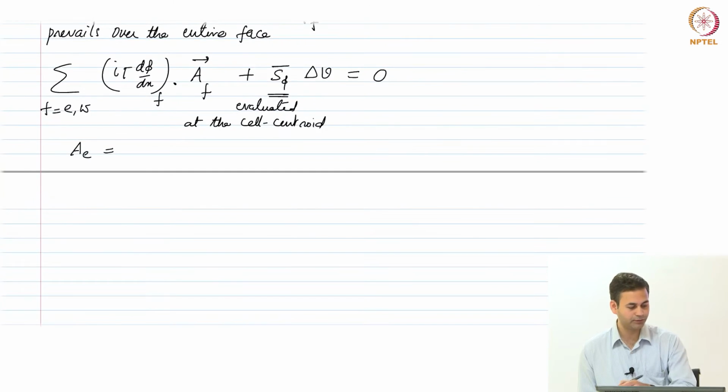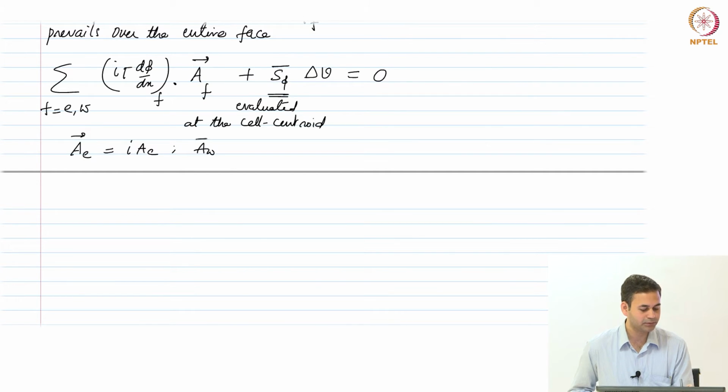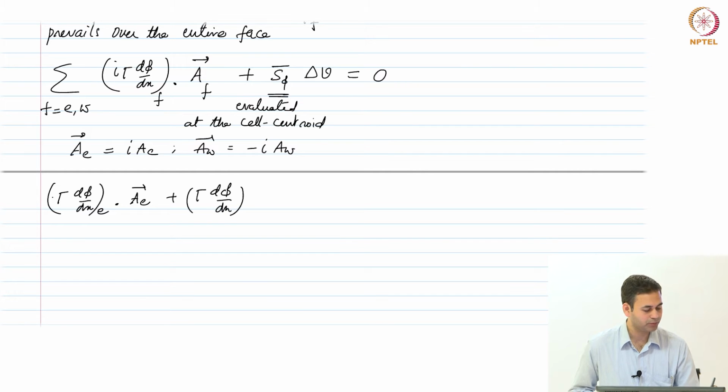Alright, then I am going to substitute for these. A east bar is nothing but i A east, and A west bar would be minus i A west. Then if I evaluate this, what we are going to get is gamma d phi dx on the east dotted with A east bar, plus gamma d phi dx on the west dotted with A west bar, plus S phi bar delta V equals 0.